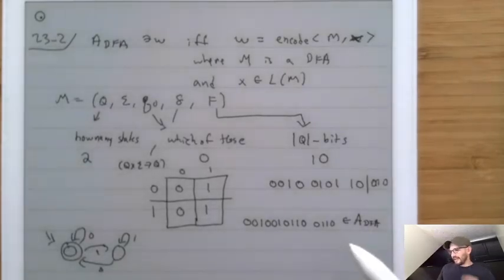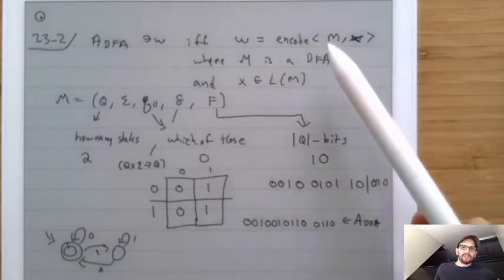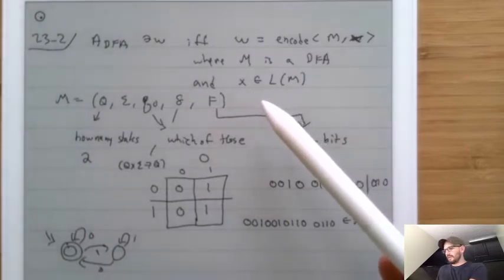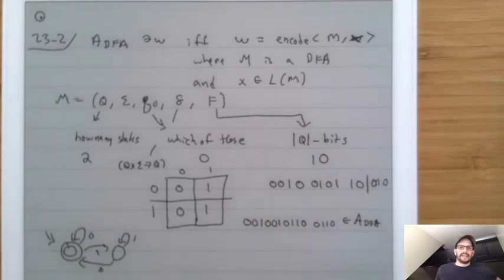Because what a DFA is, is the language of strings that are encodings of machines and encodings of inputs, where those inputs are actually inside of the language of the machine.